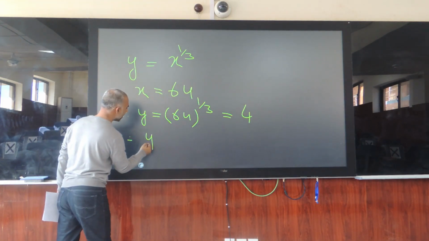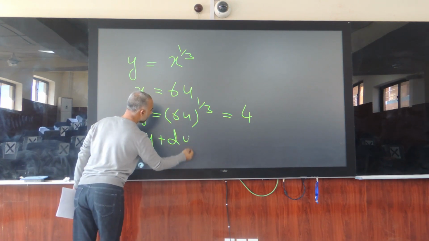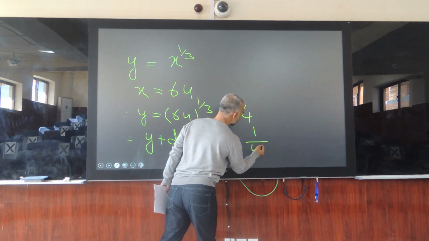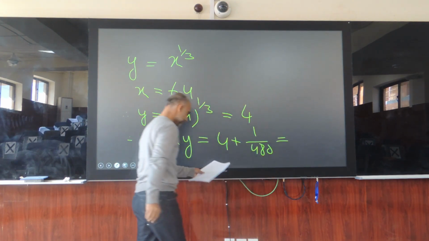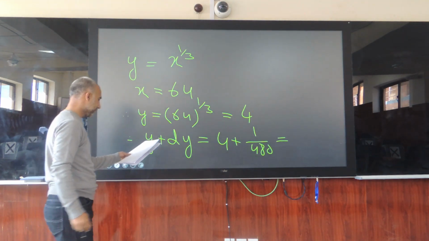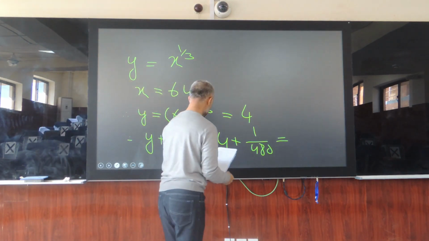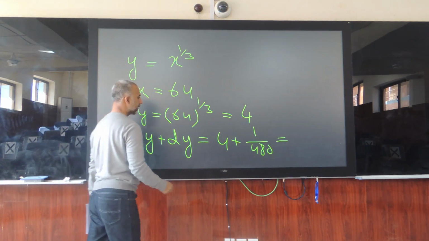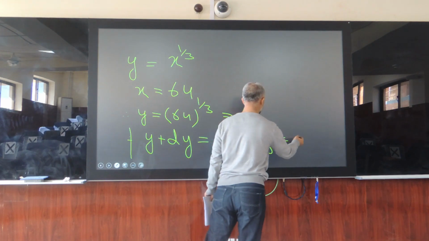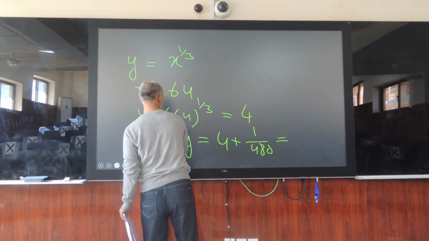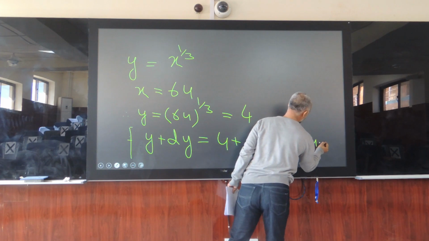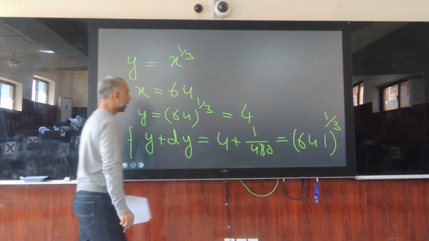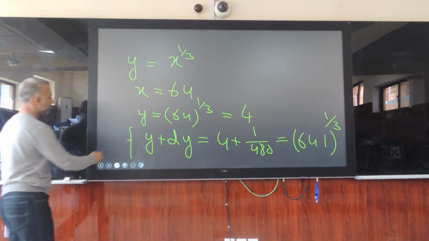Therefore y plus dy, by substituting the values, is 4 plus 1 over 480, which will give us the same result as 64.1 to the power 1 over 3. All are the same.